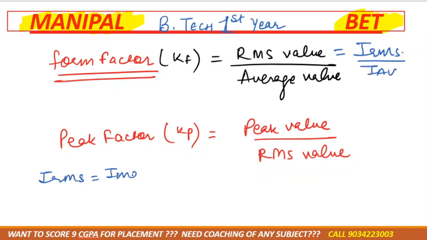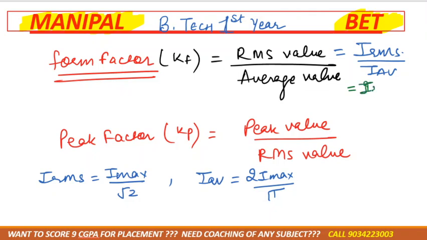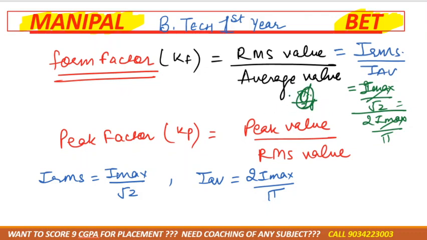IRMS equals I max by root 2, as I told you earlier. And I average is how much? I max by pi, right? In this case, I'll substitute I max by root 2 divided by I average, 2 I max by pi. I max cancels, pi by 2 root 2. If we solve it further, you will get the form factor as 1.11. So its value is fixed. Okay.